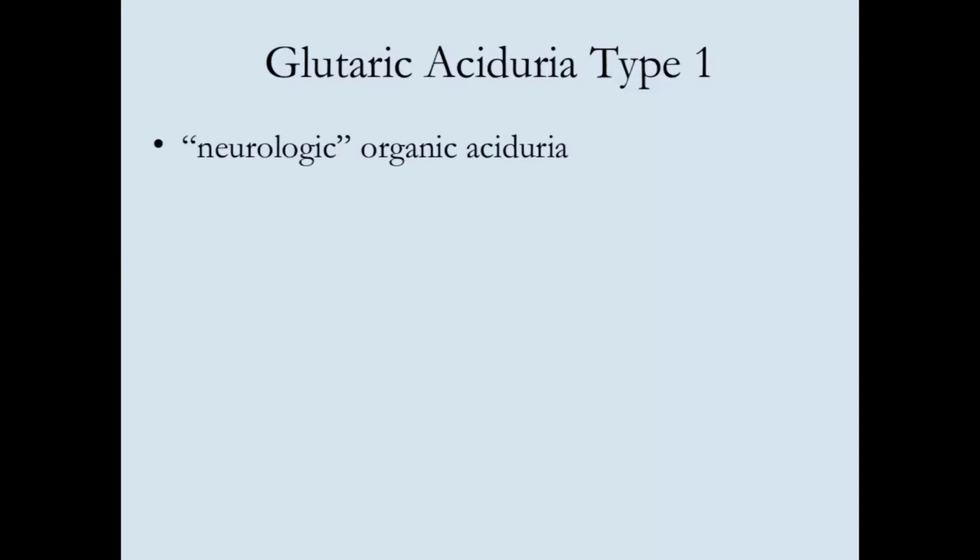Glutaric aciduria type 1, I'm going to talk about now. It's sort of an organic aciduria in that it involves glutarate and that sort of pathway, but it doesn't present like the other organic acidurias. There is no neonatal illness, no overwhelming kind of disease that is obvious in the neonatal period.